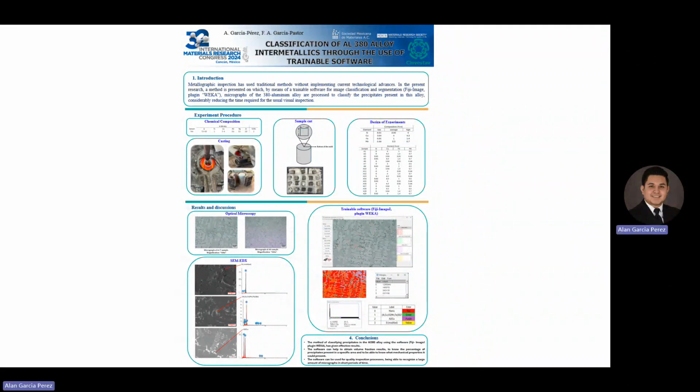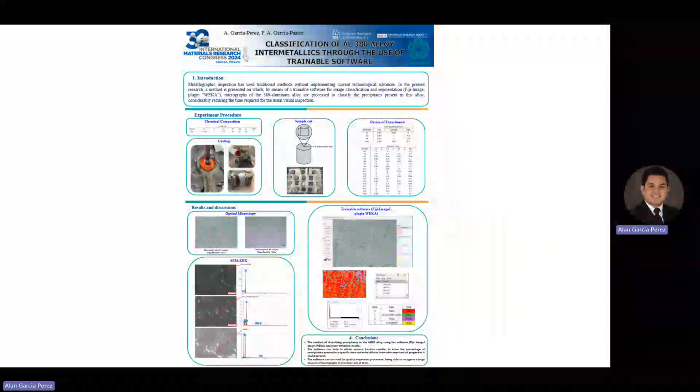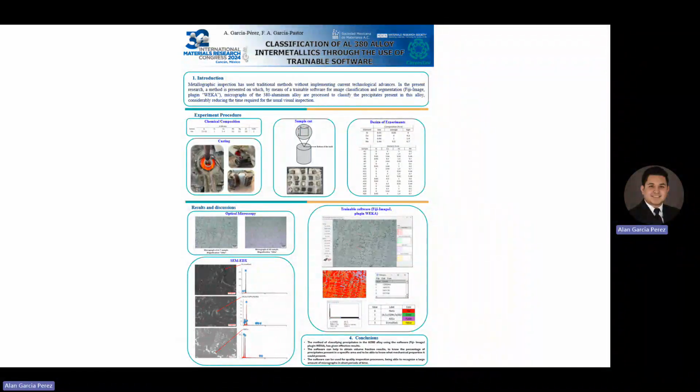Based on the composition table, each of the samples was processed in an induction furnace. The raw material was introduced in the alumina crucible, into which the elements were added one by one until complete integration. The liquid aluminum was stirred with a rapid propeller to obtain greater homogeneity in the material.